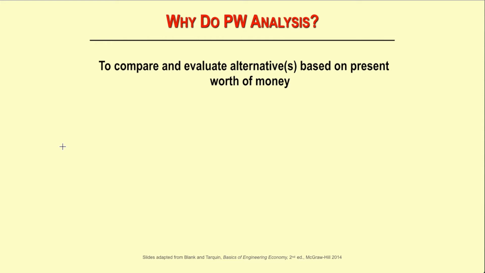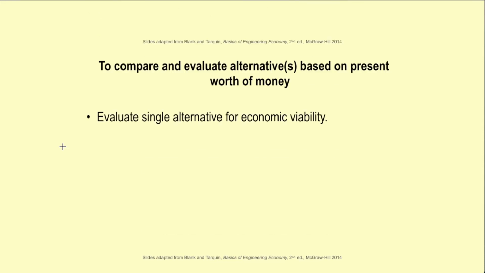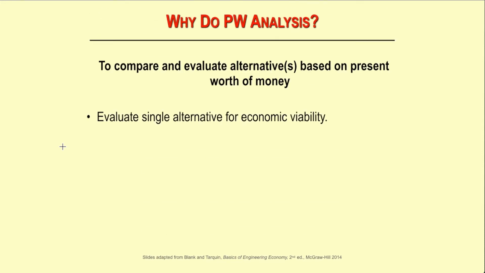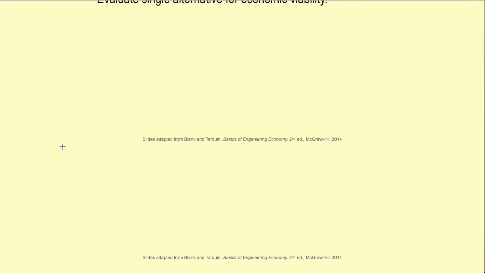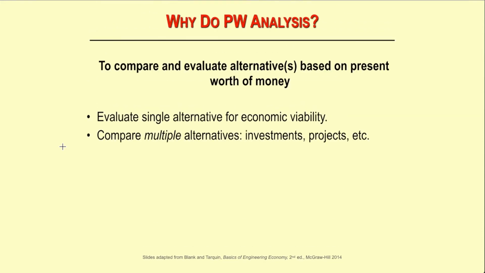First, we must understand the reason for doing present worth analysis. Present worth analysis is a method to compare and evaluate alternatives based on the present worth of money. You can use present worth analysis to evaluate a single alternative and determine if it is economically viable. You can also apply it to compare multiple alternatives and select the most economical one.